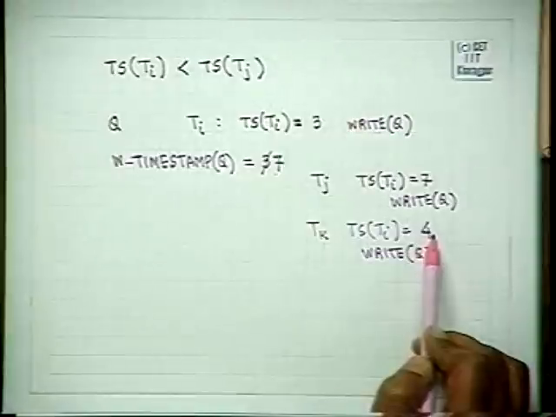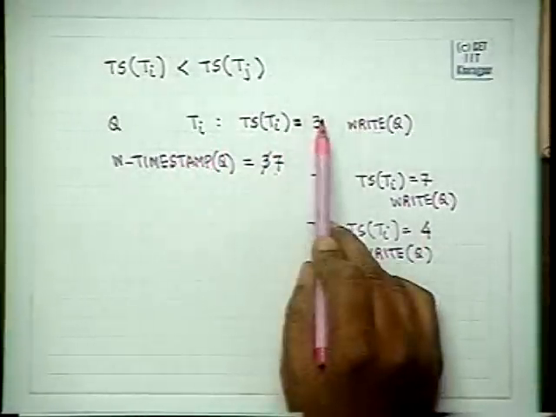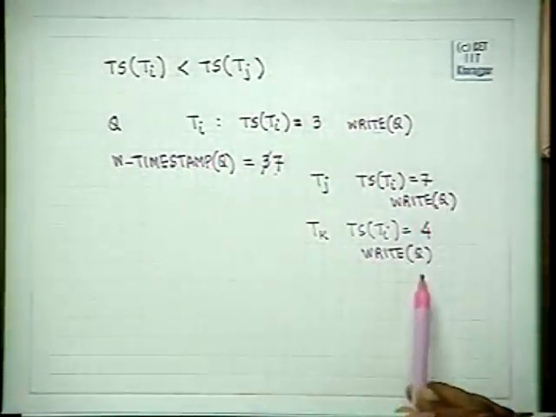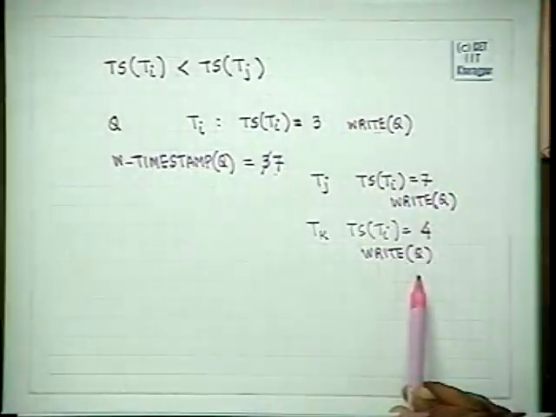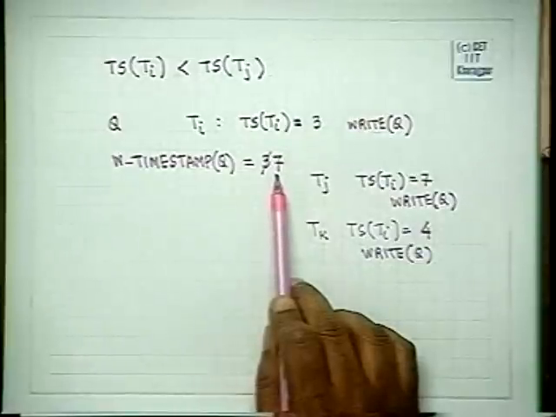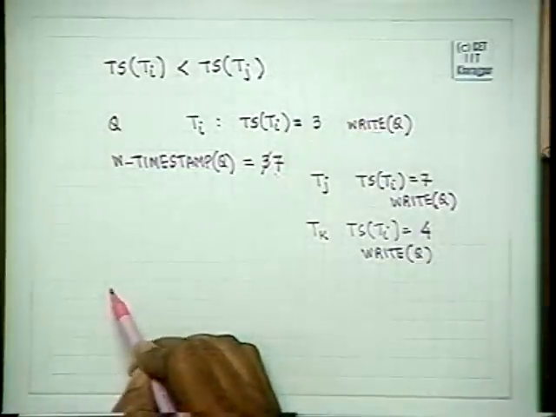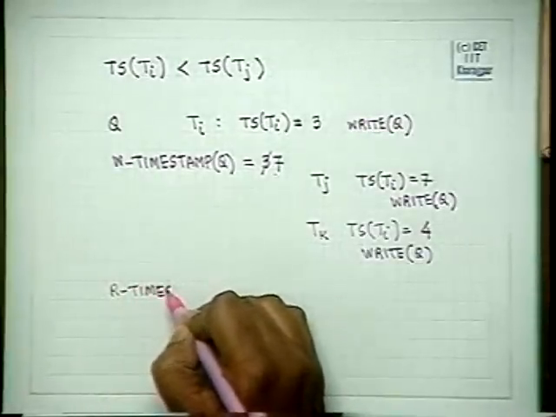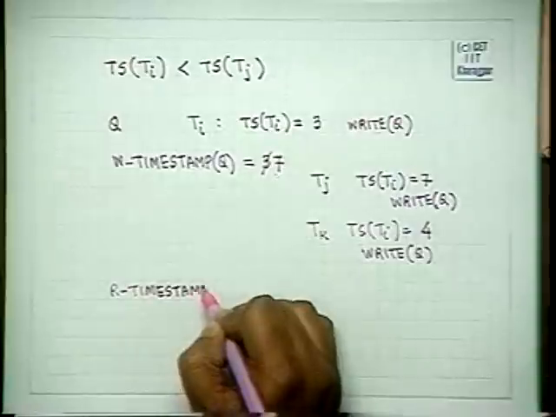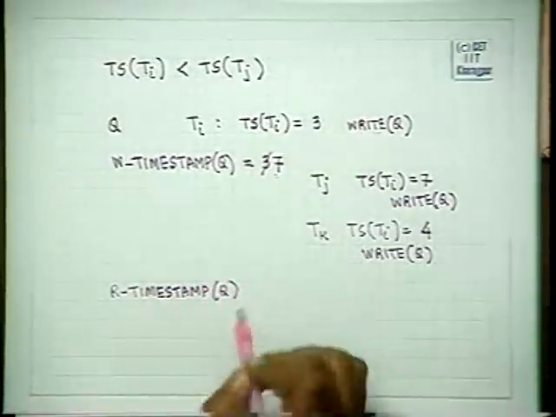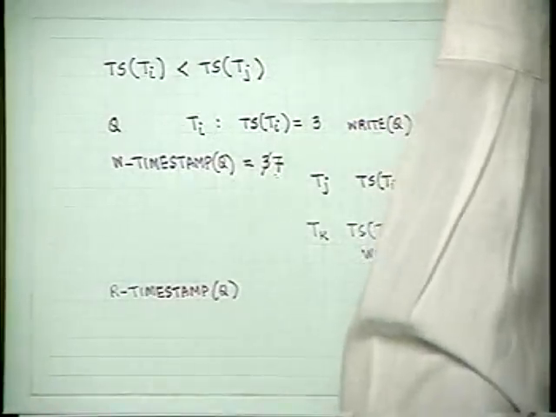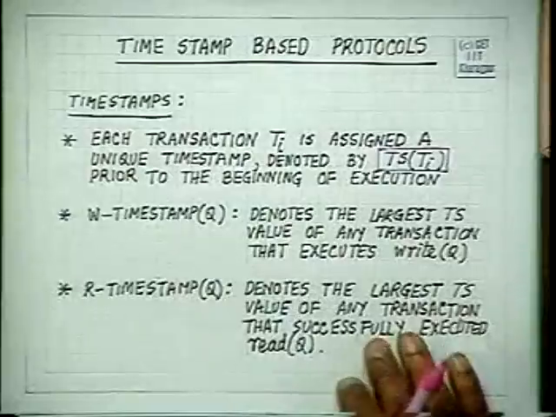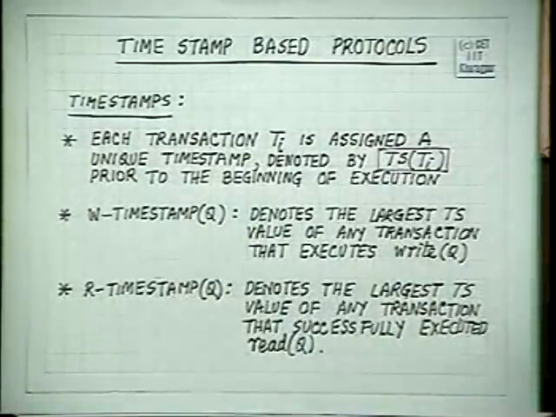Even if this does a write, then this does a write, and then this does a write, by definition it will remain 7. Similarly, R-timestamp(Q) is the largest TS value of any transaction that successfully executes read(Q).